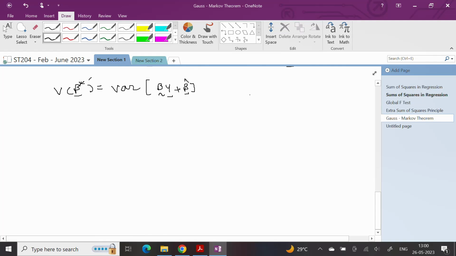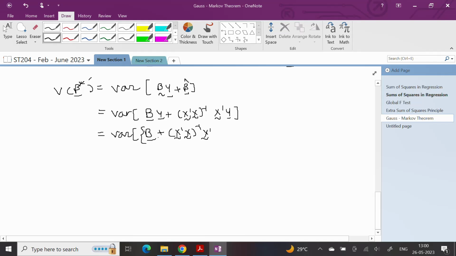Okay, let me write the formula for beta hat. So this becomes variance of by plus x prime x whole inverse x prime y. Okay, so this becomes variance of b plus x prime x whole inverse x prime, and this whole thing into y.